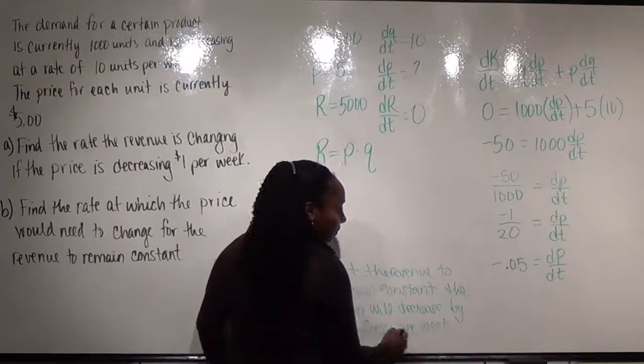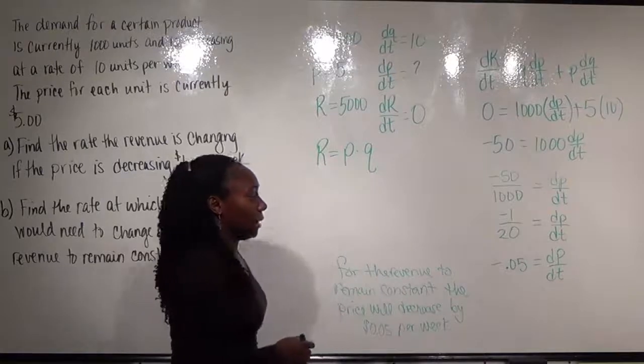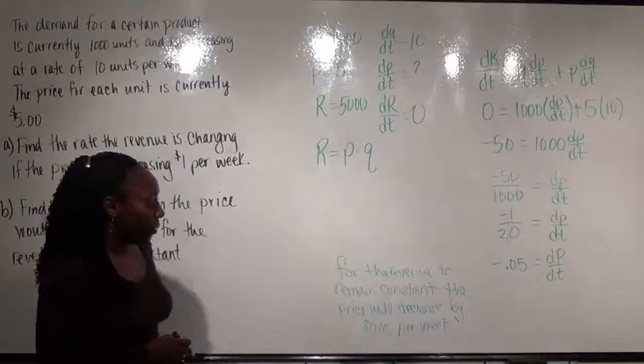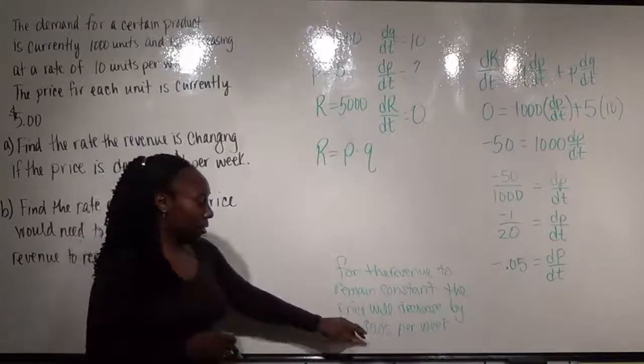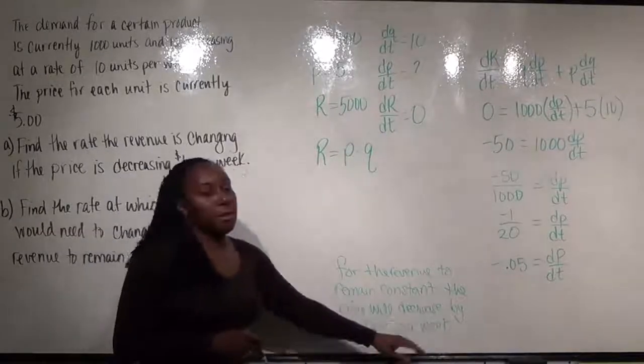And again, using our dP and dt, using those variables, we can determine the units on this. So again, price is in dollars, or in this case cents, and time is in weeks.